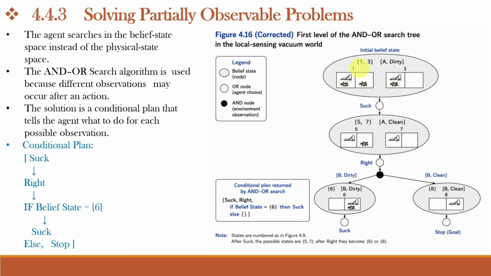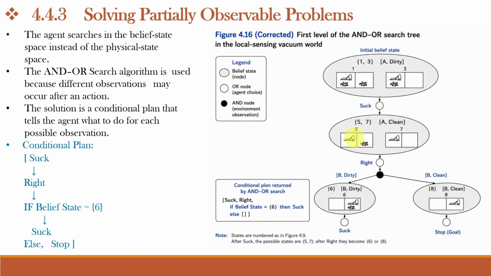In both states 1 and 3, the left square is dirty. So after performing suck, the left square becomes clean for both the states. And now the belief state changes to {5, 7}. This means the agent still does not know its exact state, but it has reduced uncertainty. In step 3, it is move right. So the agent performs the right action.